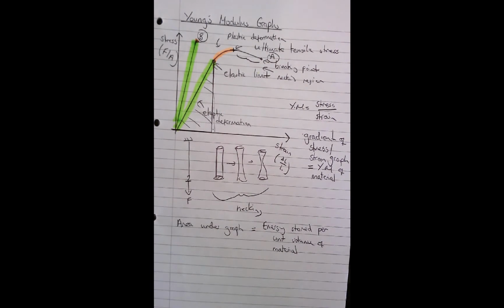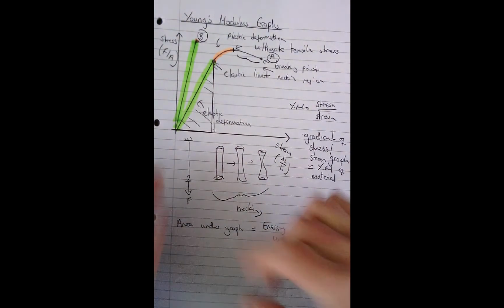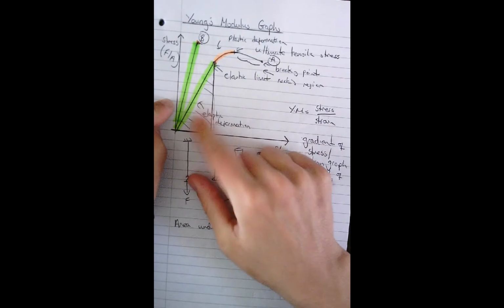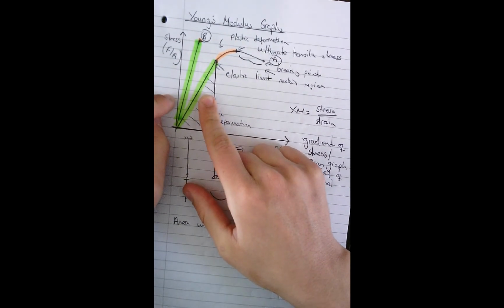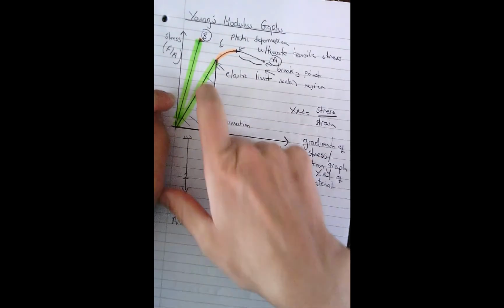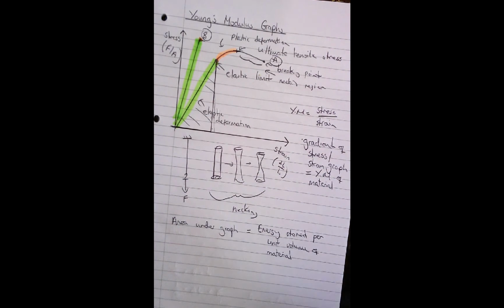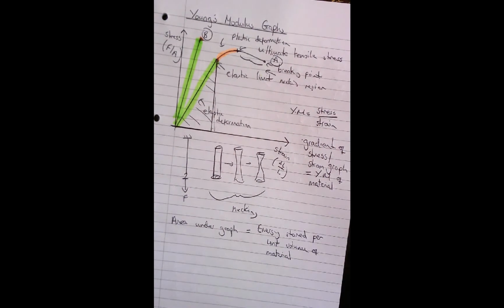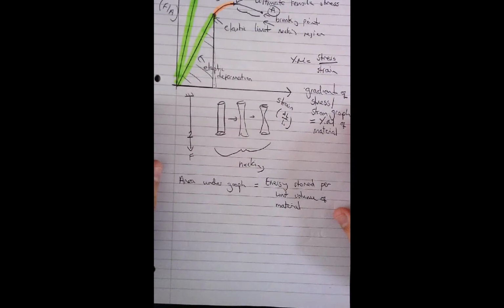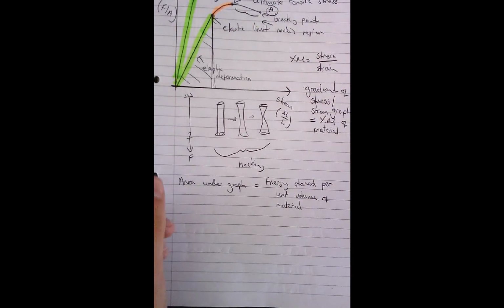How would you describe or characterize the difference between both of those? We'd say that this material A is ductile. Ductile means easily drawn into wires, and it does have a period of elastic deformation. So just as a note here, and I'm going to stop you now and let you do a little bit of independent work on this.